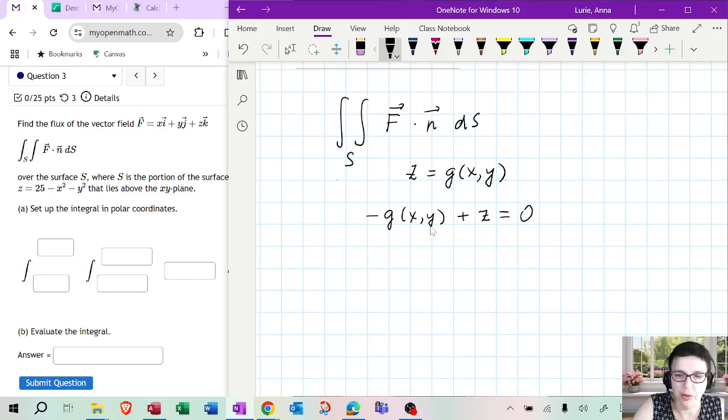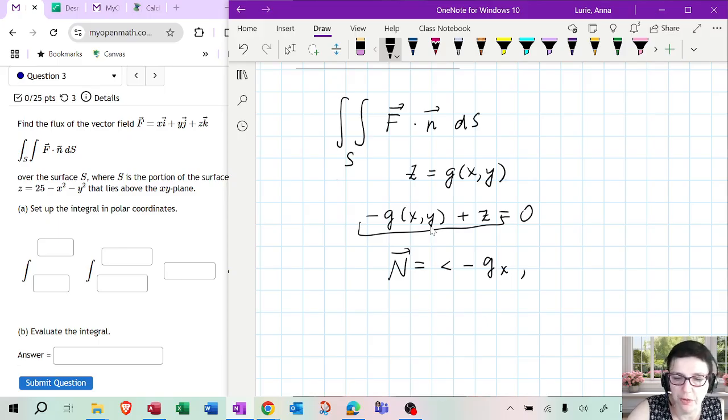And it can be shown that the normal vector to the surface is going to be the gradient of the left-hand side. So the normal vector, we'll just call it capital N, is the gradient of the left-hand side. But what is the gradient? Let's take a look at the derivatives. The partial derivative with respect to x will become negative g x, because z doesn't have an x, so that term will go to 0.